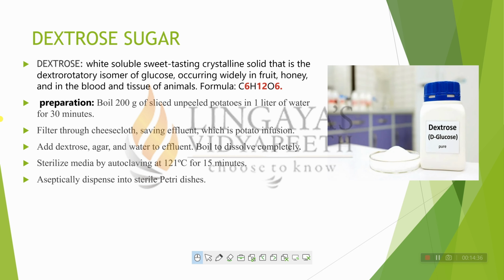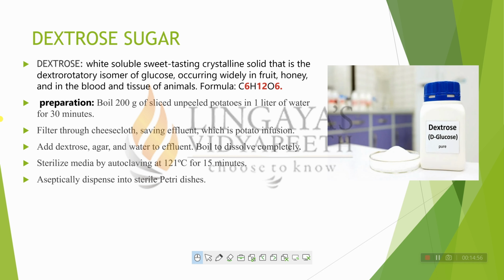So what is dextrose? Dextrose is a white soluble sweet tasting crystalline solid. It is also called D-glucose. It is also used in the analysis of different biochemical characteristics in the biochemistry laboratory.